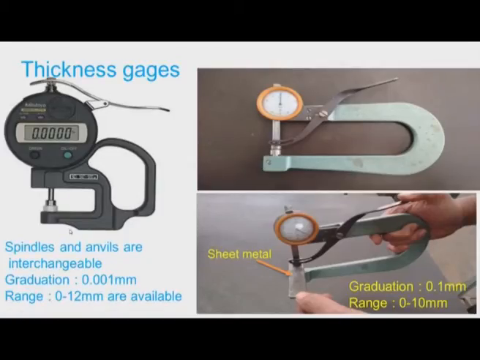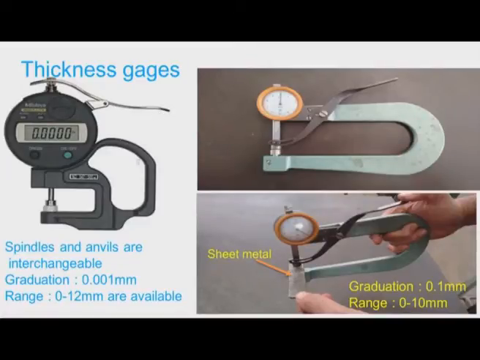Now, these are digital thickness gauges. You can see there is an anvil and spindle, and this will show the reading. We know this, there is no vernier, there is no dial. Directly it gives the digital display. To lift the plunger and insert the workpiece, we have the plunger lifting arrangement.